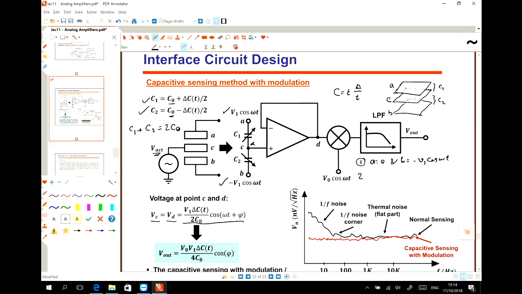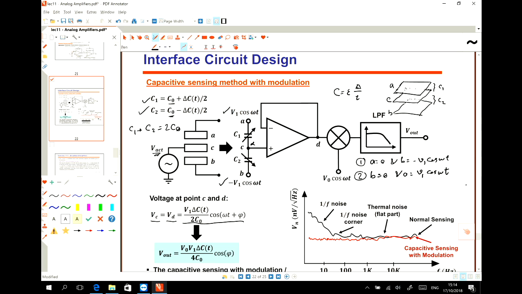Second, B is 0 and A equals V1 cosine omega t. Then find the voltage as the superposition of these two, and you will see this value based on C1 and C2.